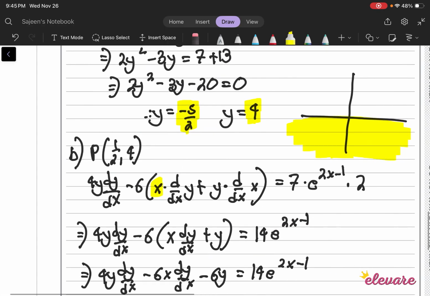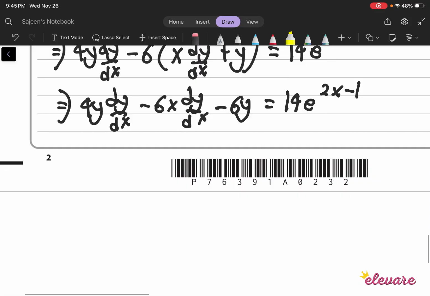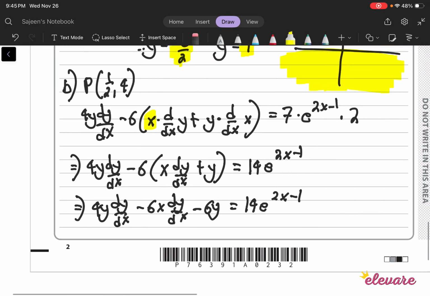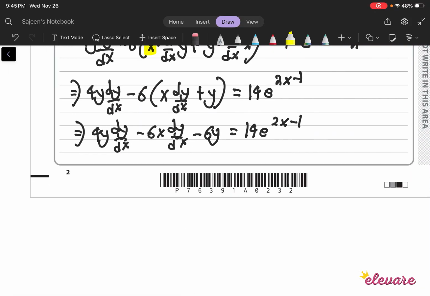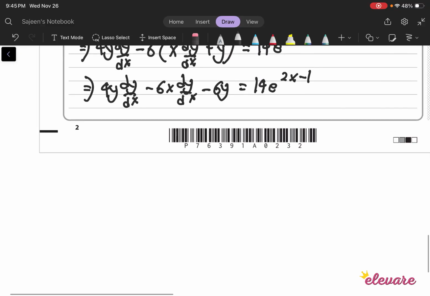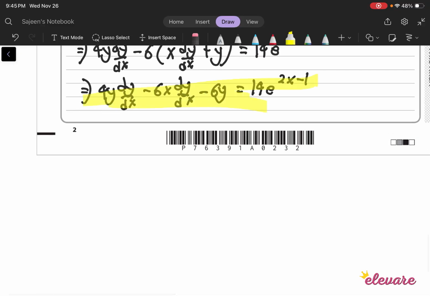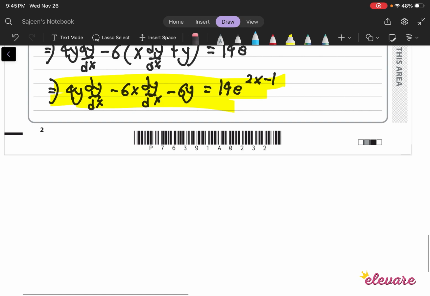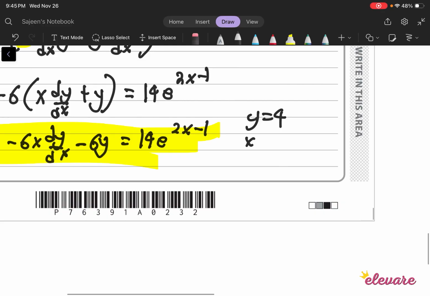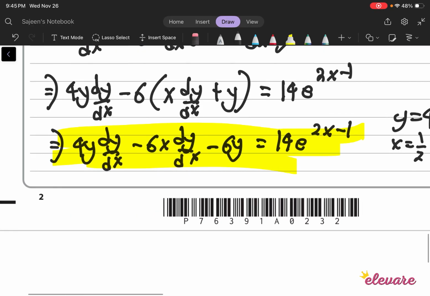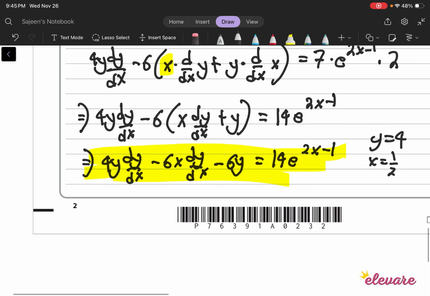So what I'm gonna do is I'm gonna replace my y and x এখানে with 4 and half. 4 and half দিয়ে replace করার পর আমি আমার dy/dx টা পেতে পারবো, and then আমি just simply একটা equation বানিয়ে ফেলতে পারবো। What I'm basically trying to do is I'm trying to get rid of the y and x, and I'm gonna try to make dy/dx a subject.